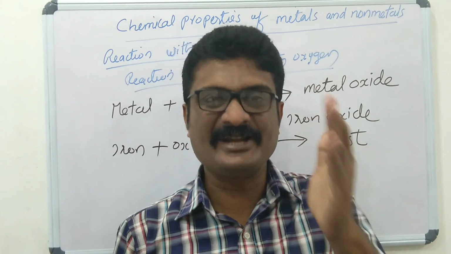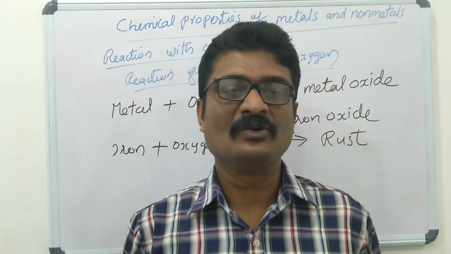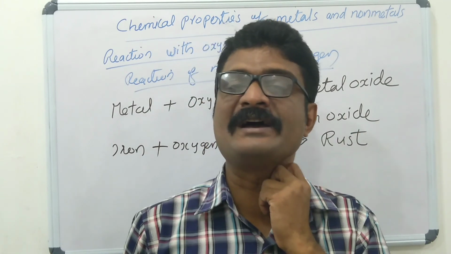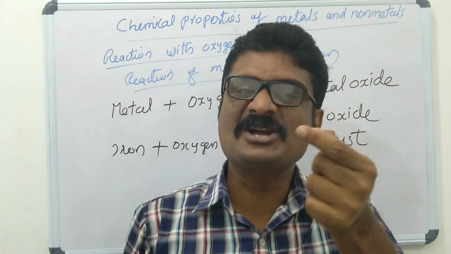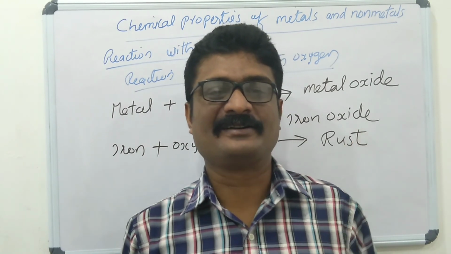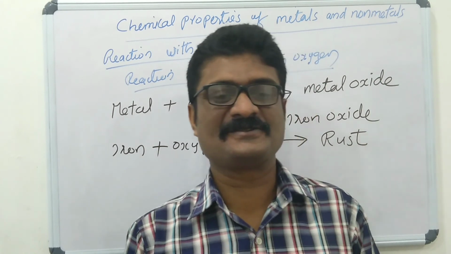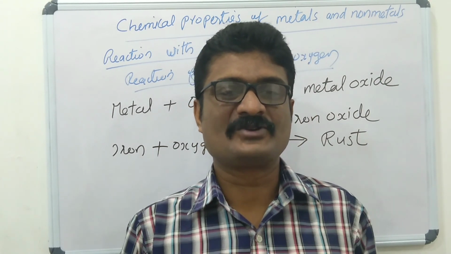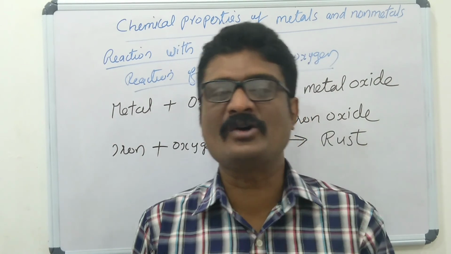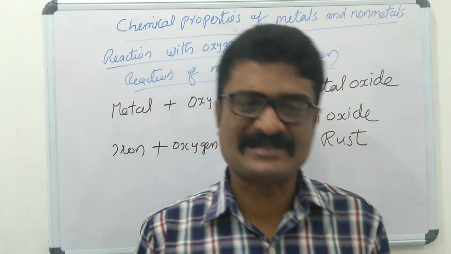Then magnesium. What do you observe when magnesium burns in air? A magnesium ribbon burns in air with bright white light to form a white powder, which is called magnesium oxide.